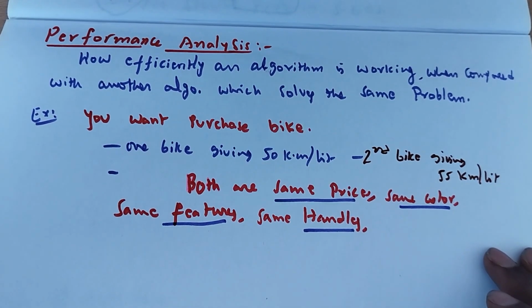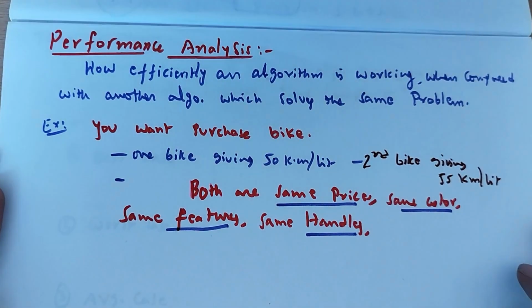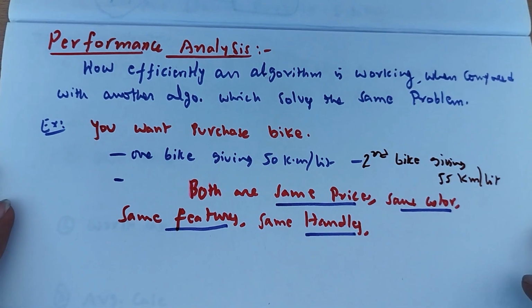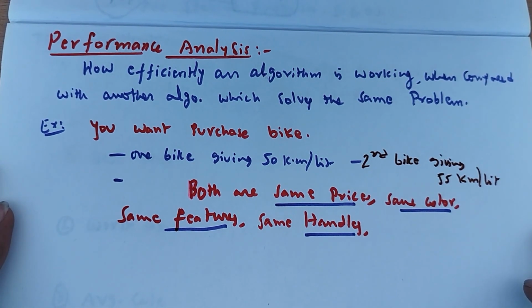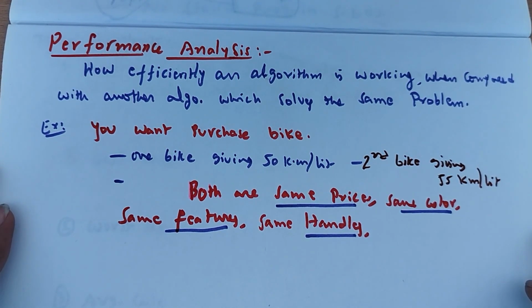In today's video, I will explain the topic of performance analysis in the subject Design and Analysis of Algorithms. What is performance analysis? Very simple. Generally, performance analysis means calculating the performance and comparing it with others.